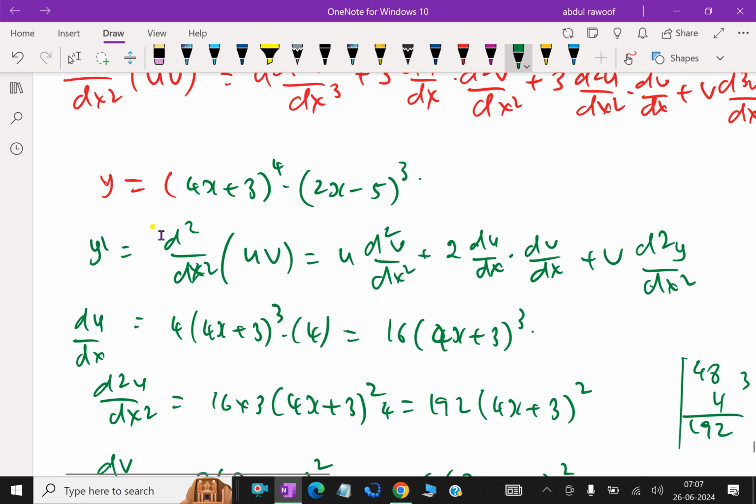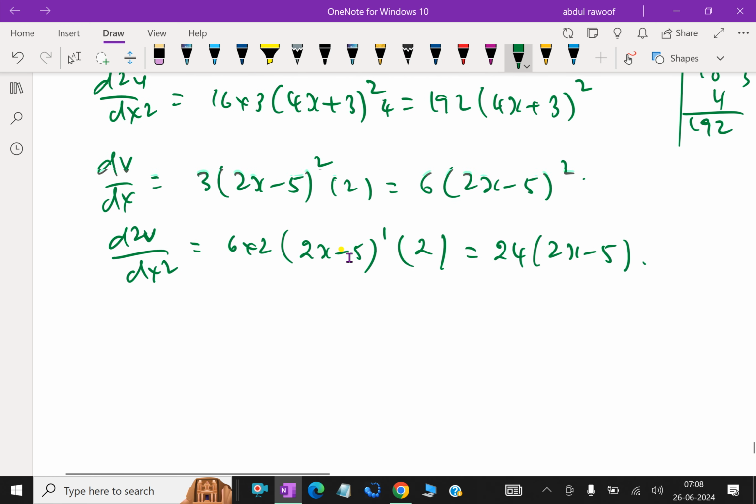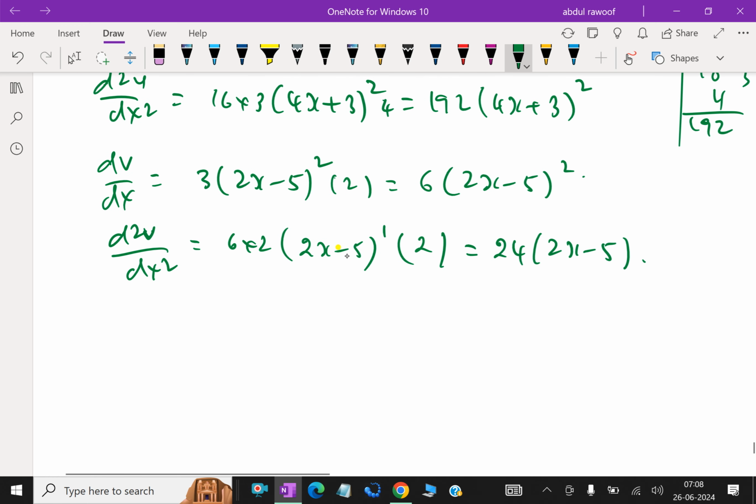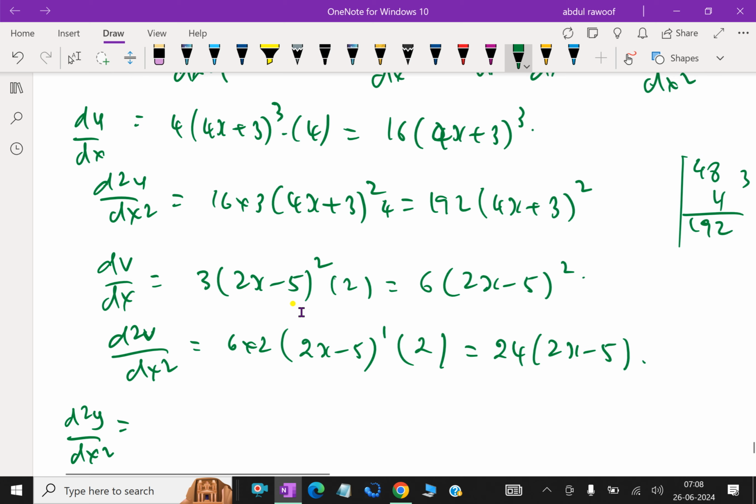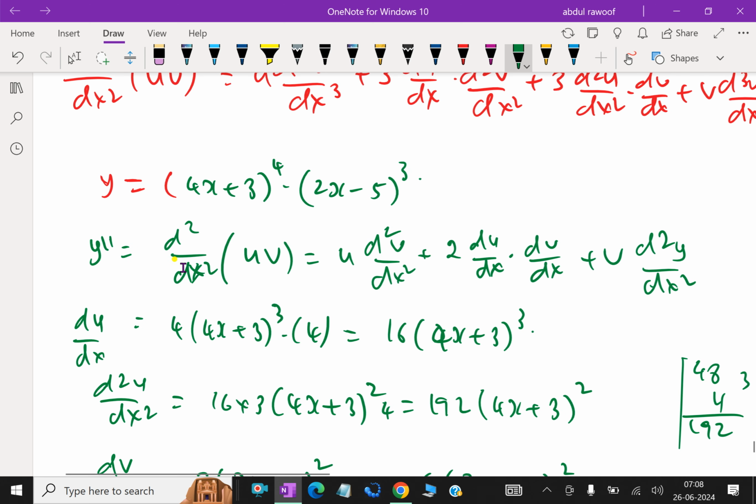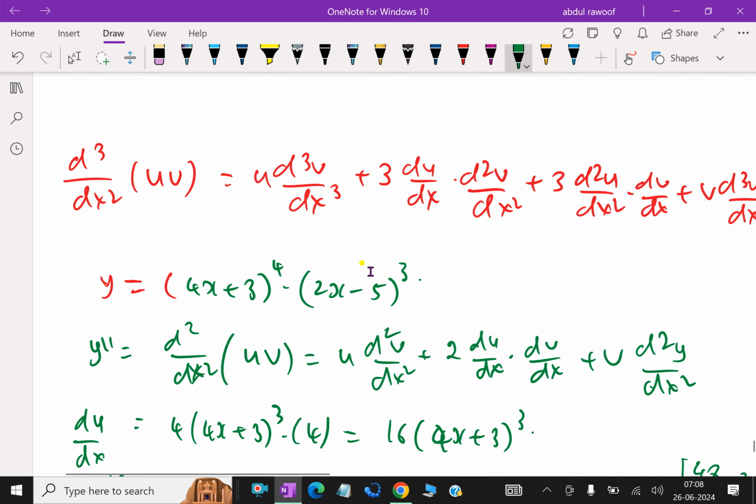Therefore, here the second derivative you are finding. Then for the second derivative you have to apply u d square v by dx square. So now we have to find d square y by dx square. What is the function u?